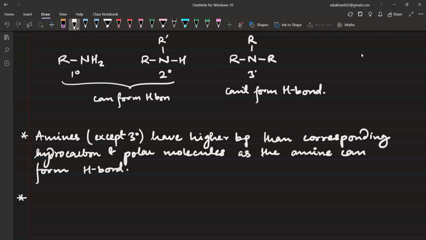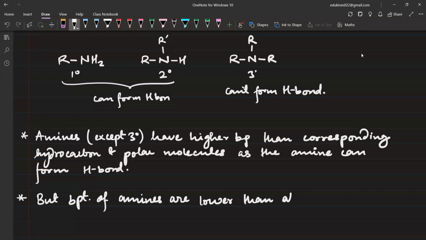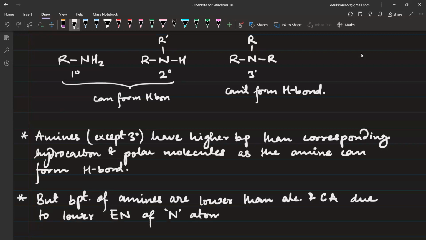Next point you will write. But boiling points of amines are lower than alcohol and carboxylic acid, due to lower electronegativity of nitrogen atom than oxygen atom.